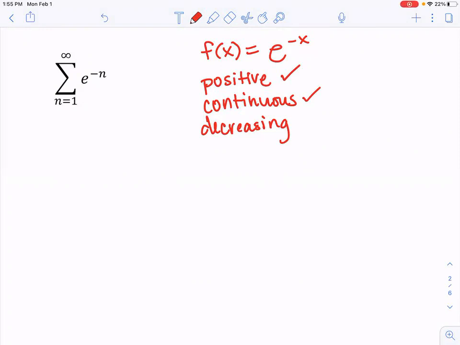Decreasing. You need to show me the derivative. Our derivative is negative e to the negative x, which is always less than 0. Since our derivative is always negative, our function is always decreasing. We're good. Yes, the derivative, because we want our function to be decreasing, right?